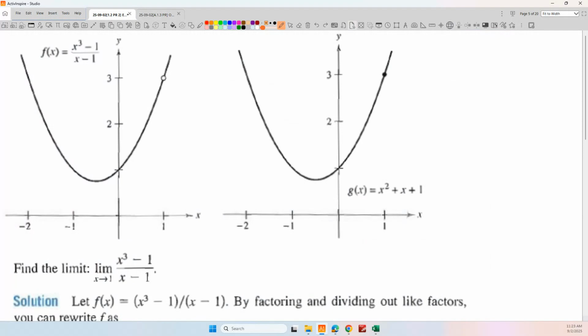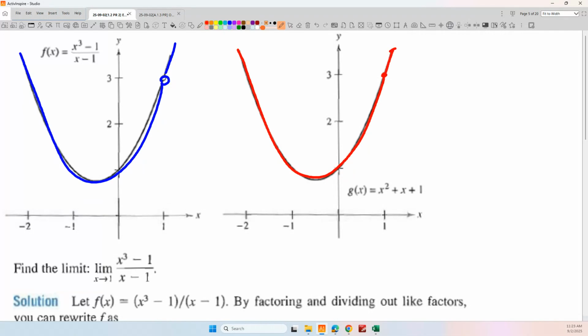If I want to evaluate, and again, let me color code these. So here's our blue function. Here's our red function. And we'll just make that a point.